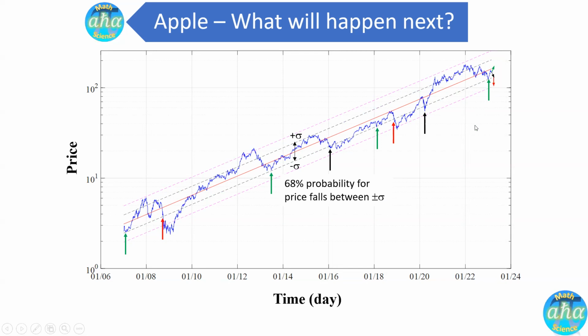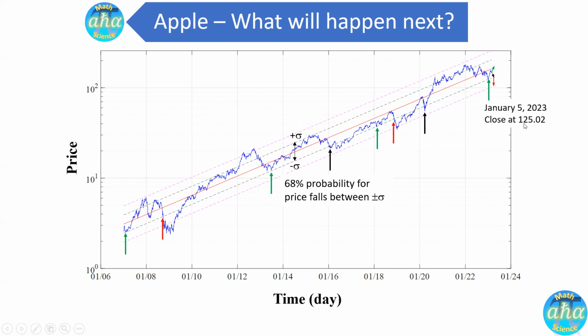This is important because currently the macro environment is not that great, and so stock prices are under pressure. So there's this possibility that the price may fall below the 1 standard deviation trend line. So the key level we're going to watch is basically the close price on January 5th, which is at 125.